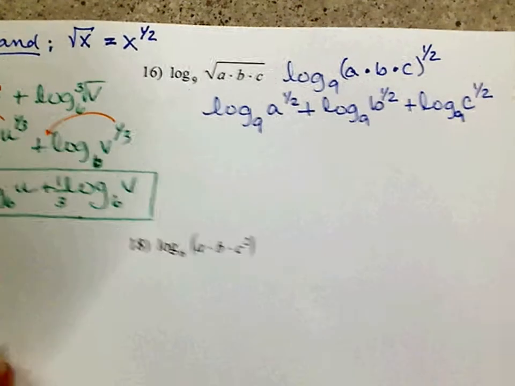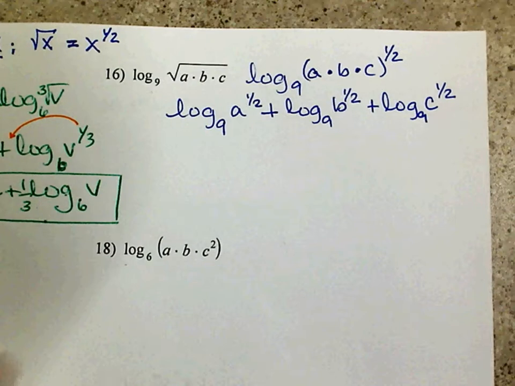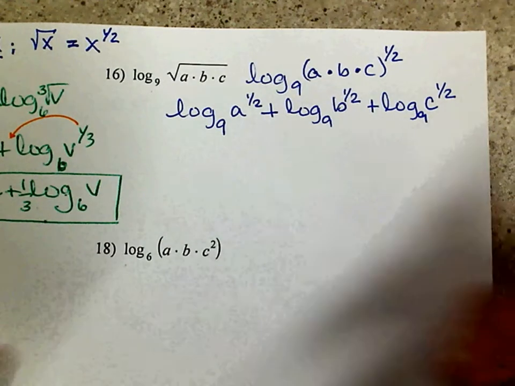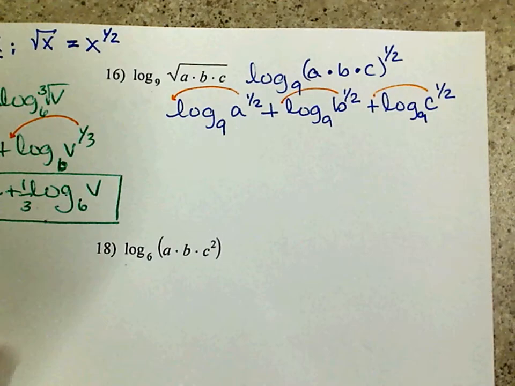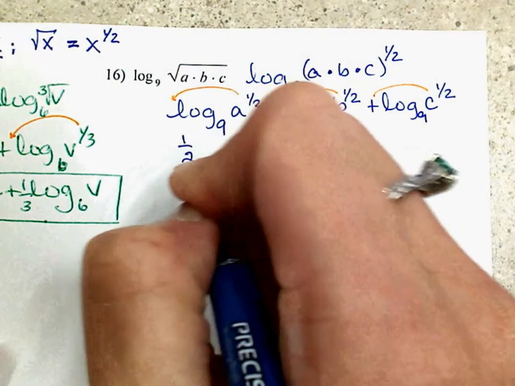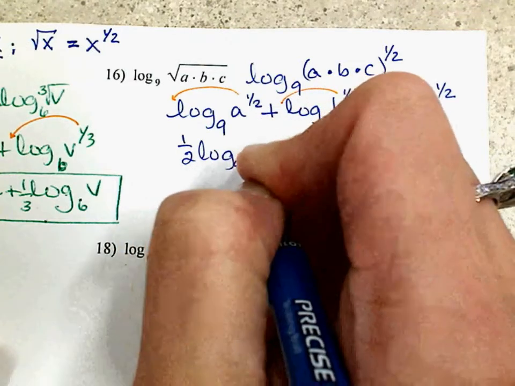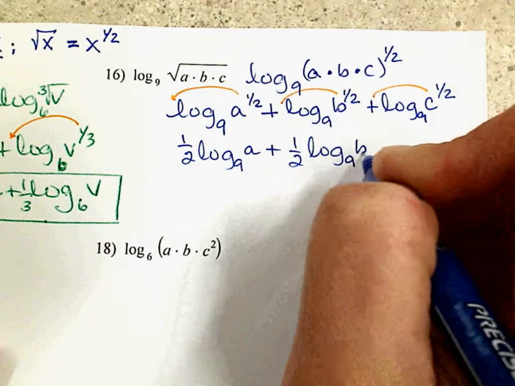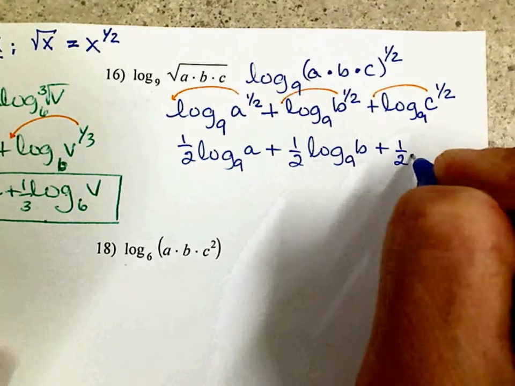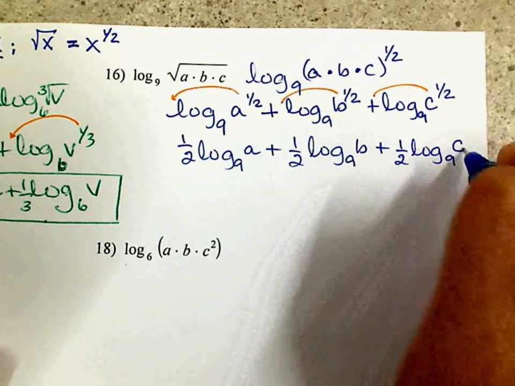Okay. You guys good? Bring your exponent to the front, just like that. So now you have 1/2 log base 9 of a plus 1/2 log base 9 of b plus 1/2 log base 9 of c.